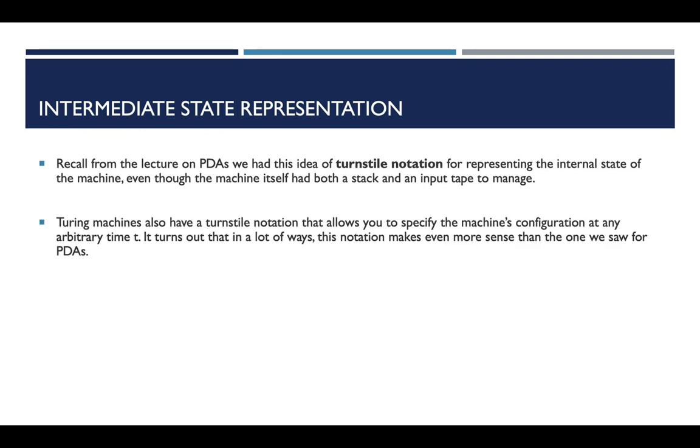The good news is that while the PDA turnstile notation is fairly straightforward and makes sense, the notation for Turing machines is even more straightforward, and at least in my mind is way more preferable to the PDA version. So just to get the notation out of the way, it looks exactly like this.